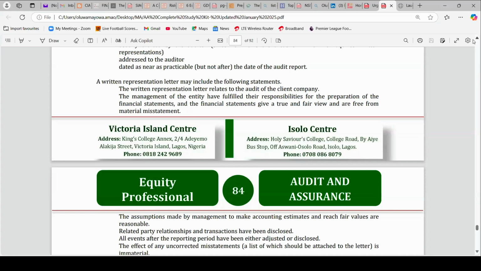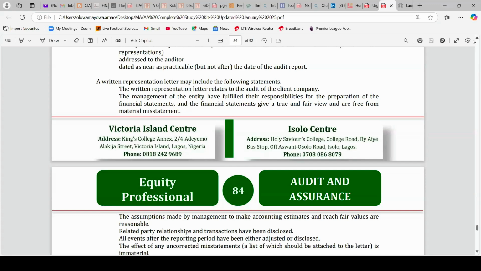But this particular one is like one letter that will contain all of this, issued at the end of the audit, speaking to the audit, the responsibility of management for preparing financial statements, the assumptions around accounting estimates, related party transactions having been disclosed, all events after the reporting period having either been adjusted, or the ones that are non-adjusting, and the effect of uncorrected misstatements.